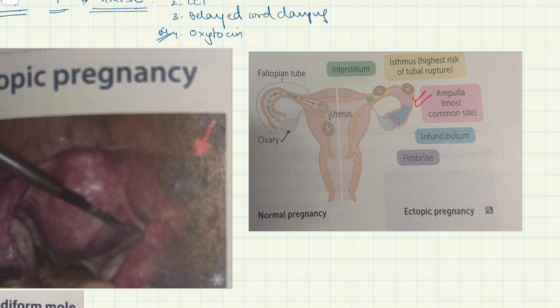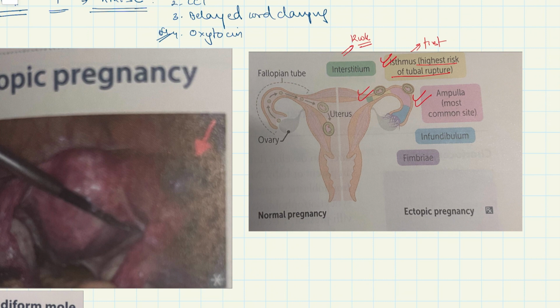The other sites include the isthmus, where there is the highest risk of tubal rupture, as the pregnancy first ends in the isthmus, while the pregnancy that is maintained up to 12 weeks is in the interstitium. Why? Because it is close to the uterus and hence it is maintained for the longest time in the interstitium. The other sites can be the abdomen or peritoneum, ovary and the cervix.